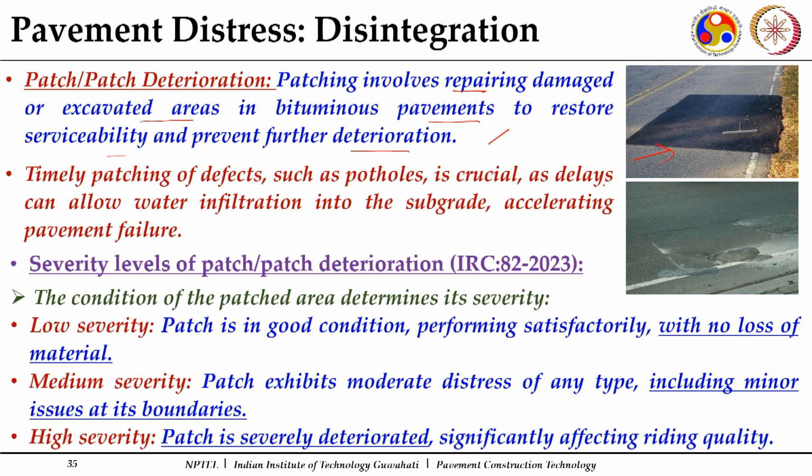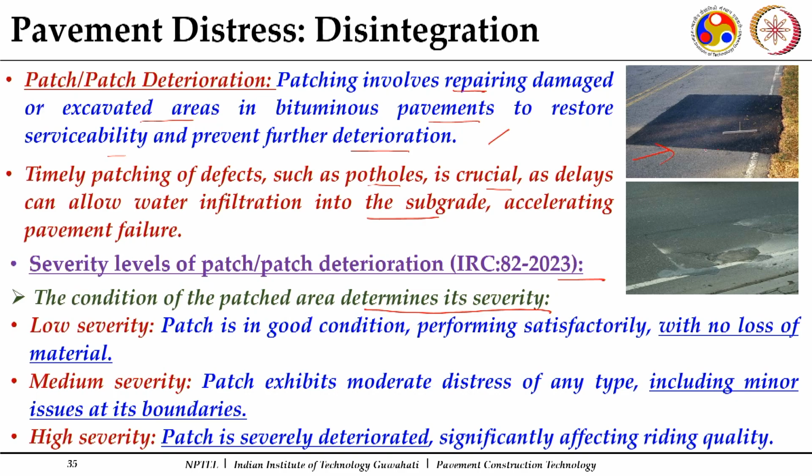This is a patch which has been done over it. Timely patching of defects such as potholes is crucial, as delays allow infiltration of water and damage to the underlying layers. But in due course of time, these patches may also get disintegrated or deteriorated. On the basis of it, we can classify the severity of these patches.